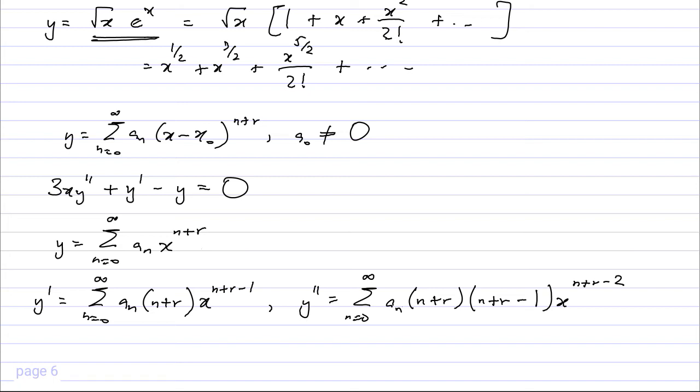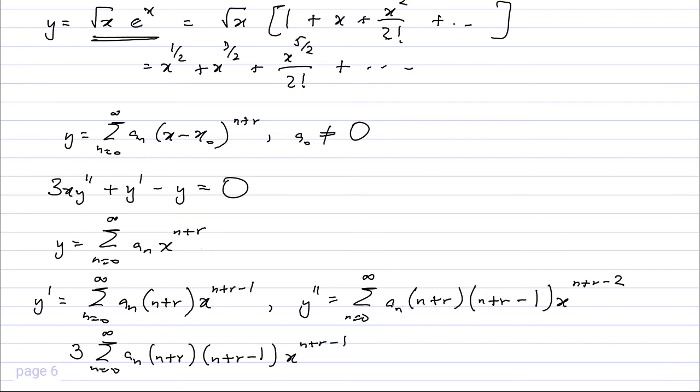And then I plug these two derivatives into my differential equation. So I have 3x times y double prime, which gives 3 times the sum from n equal to 0 to infinity of a n (n plus r)(n plus r minus 1) x raised to power n plus r minus 1, because I multiplied by x.